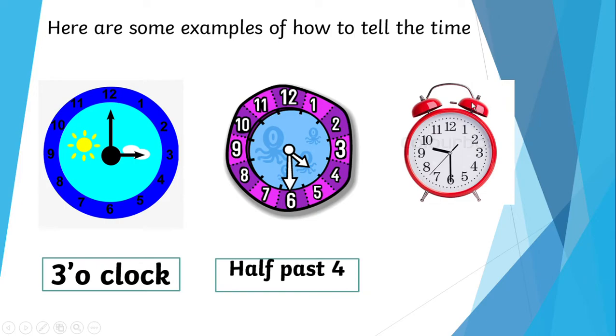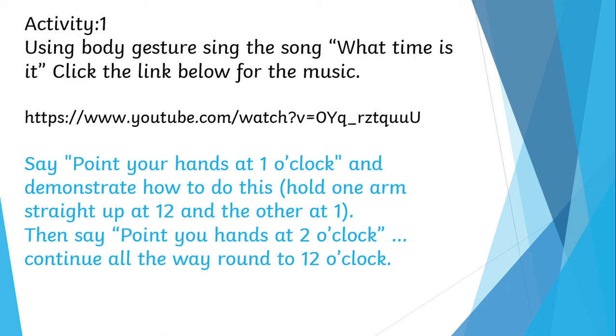Can you tell me the time this clock is showing? This is an alarm clock and the time it's showing is 9:30. Very good, children. It's showing 9:30 or simply half past 9.